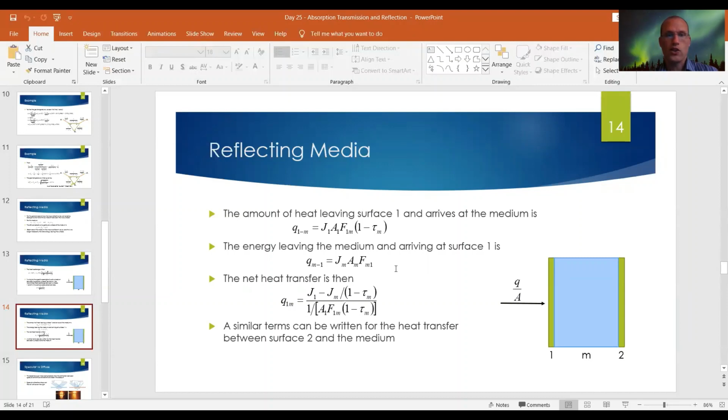Going the other way, energy leaving the medium arriving at surface 1, Jm, Am, Fm1. So this is the same as before. Net heat transfer, Q1m, J1 minus Jm over 1 minus tau m, over 1 over A1 F1m, 1 minus tau m. I can do the same thing for medium 2. So essentially just replace all these 1s with 2s, and that's what happens for medium 2.